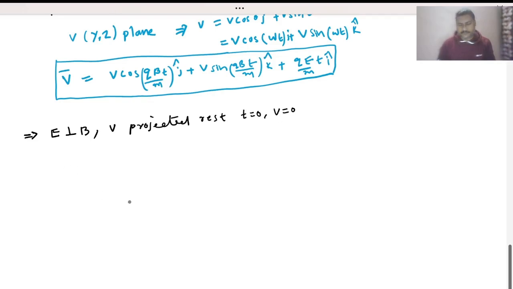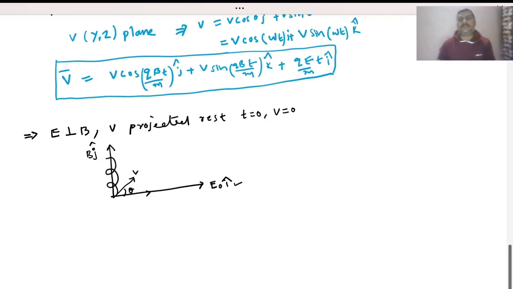Now let's consider E along I cap, so we can take E I cap. The B is J cap. And V is projected with some angle theta like this. Along E there is a force on the charged particle. Along B, it will move in a helical path like this. We know this because the axis of the helical path is parallel to B, and we already studied this.